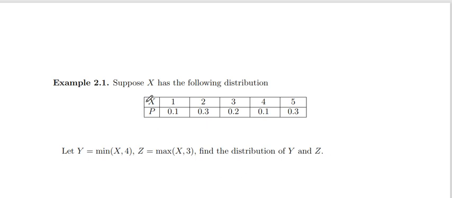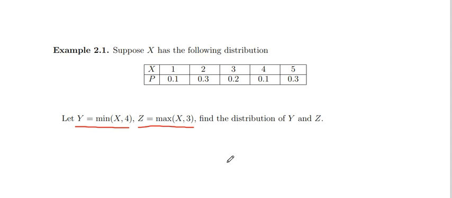Let's say we have this X, and we have a new variable Y or Z. So we want to find the distribution for those new variables. So this Y, we just take the smaller one of X and 4. So when X is 1, we just take 1.